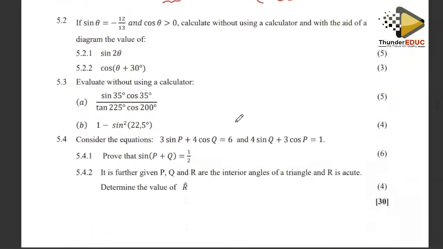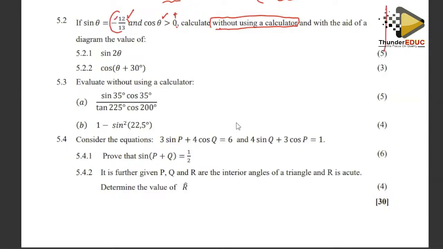Okay, then on 5.2, if sine of theta is this, and cos theta is greater than 0, calculate without a calculator and with the aid of a diagram. So this is the Cartesian plane. It has been simplified for us. We can see that sine is negative when cos is positive.